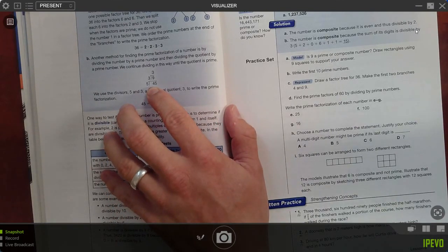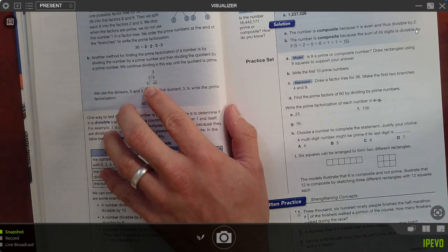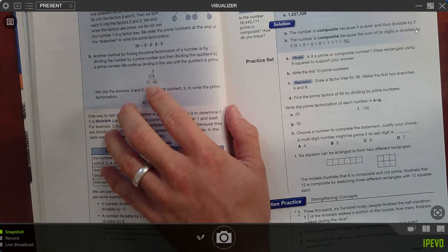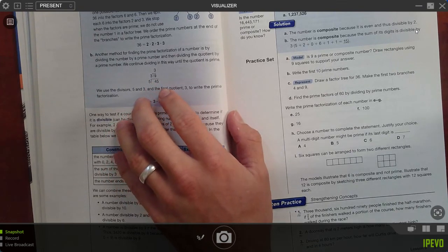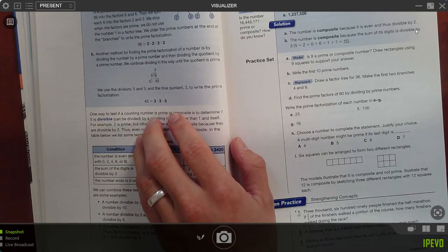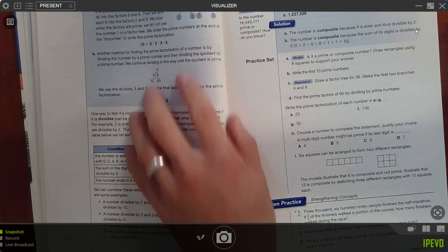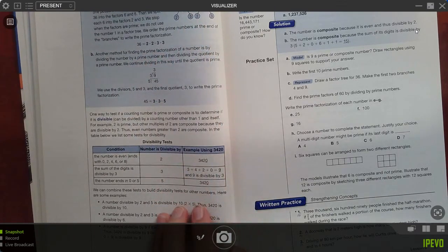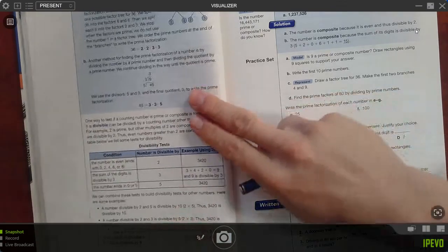So you have 45. You know that 5 is a prime number, so you divide it by 5. Anytime you can take a prime number out of it, you're going to do good. Okay. Which is why dividing things by 2 is also a good use.